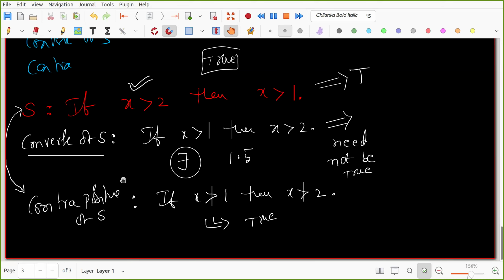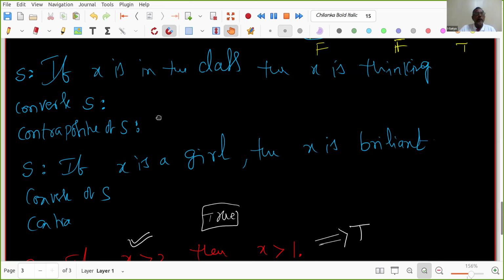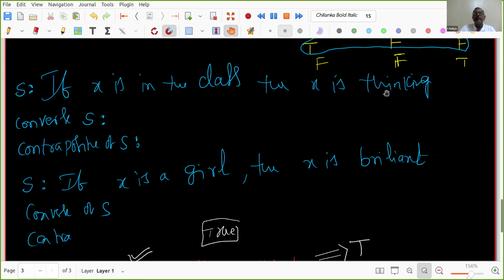Look at another example. If you are not getting an Apple phone, then automatically you will not get more than 90 marks. Assume this is true. If X is in class, then X is thinking.